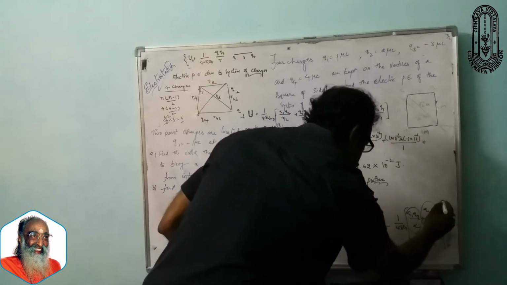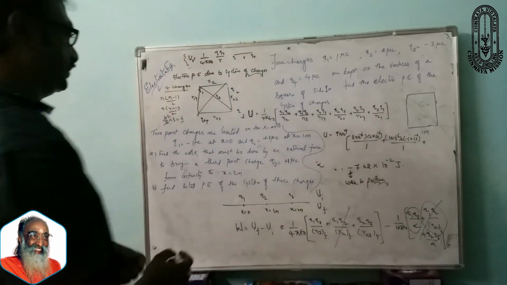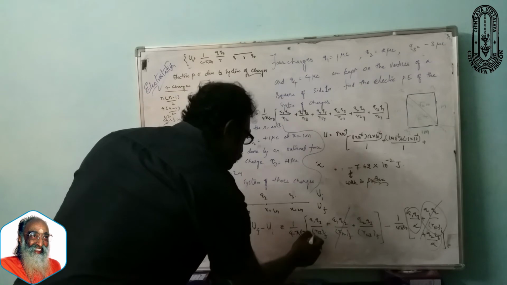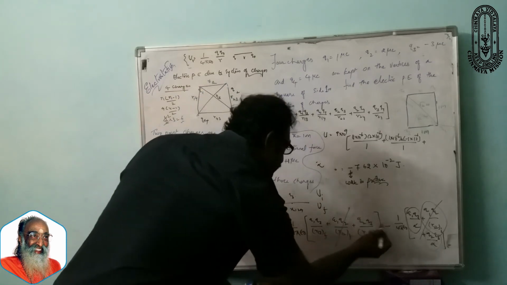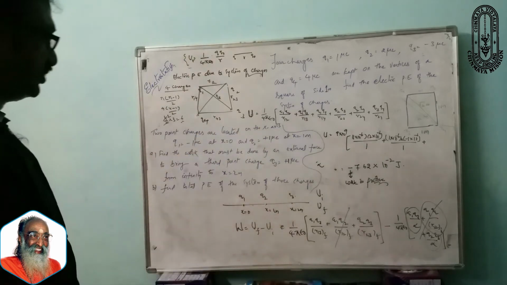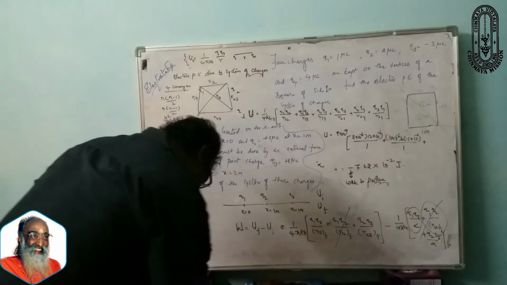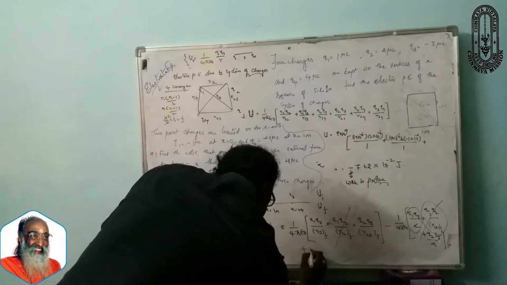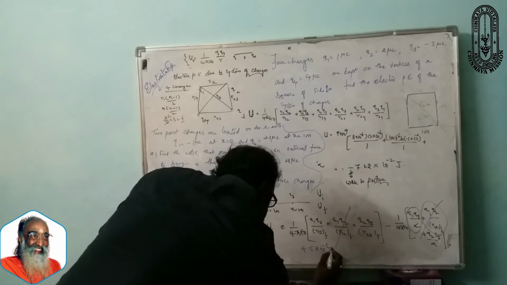So this Q1 Q2 by R12 and this Q1 Q2 by R12 get cancelled. The only remaining is 1 by 4 pi epsilon naught Q1 Q3 by R13 final, plus 1 by 4 pi epsilon naught Q2 Q3 by R23 final. By substituting the values, you are going to get the value 4.5 into 10 to the power of minus 3 joule.